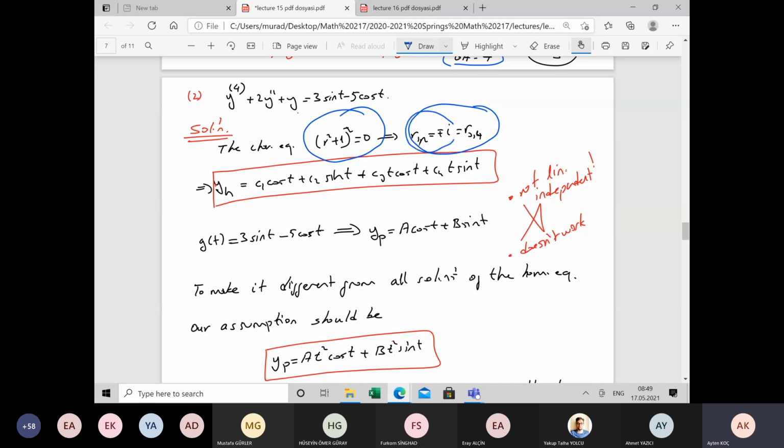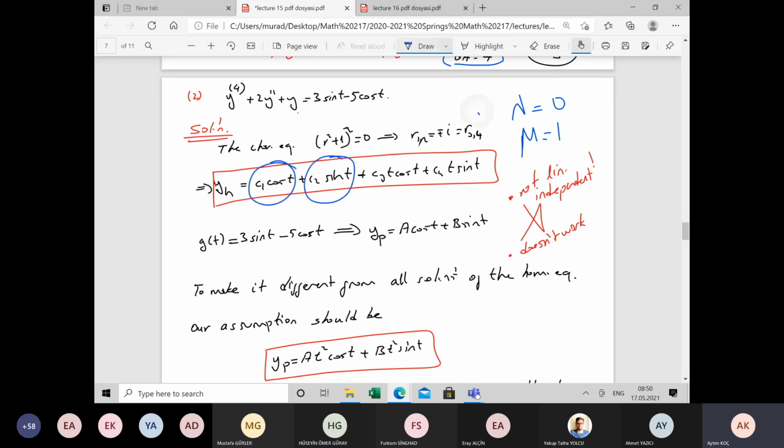Take this part. We know that lambda is 0 and nu is 1. So e to the lambda t, e to the 0, is 1. So C1 times cosine nu t plus C2 times sine nu t. Nu is 1, so it gives cosine t and sine t. These are the first fundamental solutions.